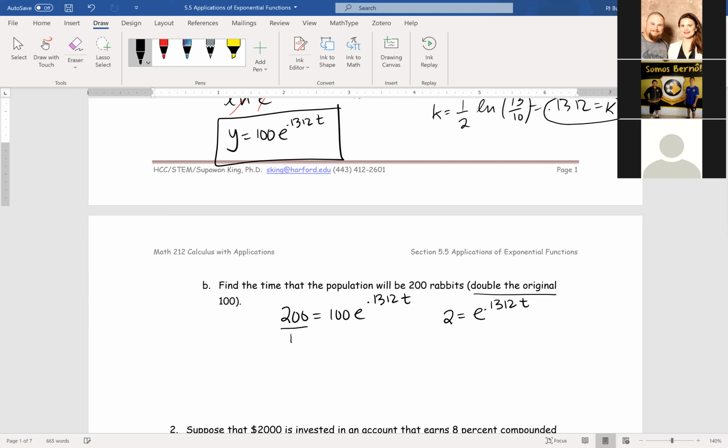Because notice if I divide both sides here by 100, I get back 2. That's why they said double the original. If it said, 8 times the original, then you would just set this to 8. Get rid of the e by taking log. Those are gone.